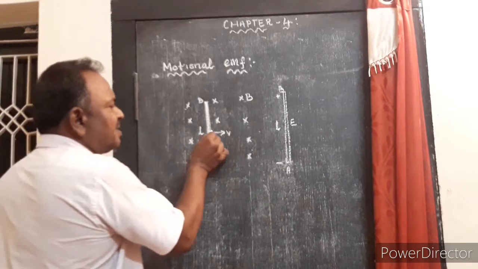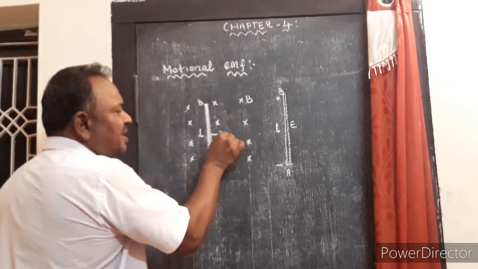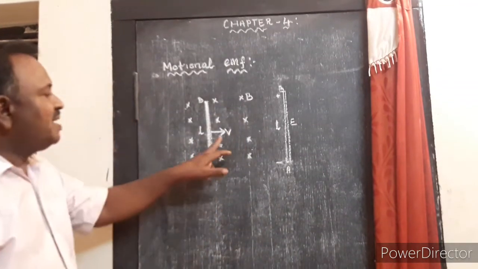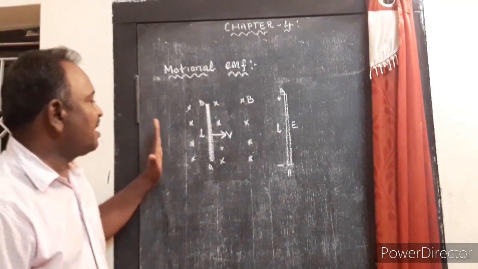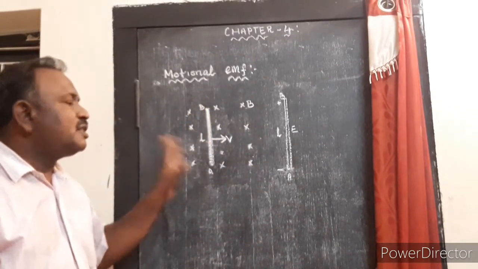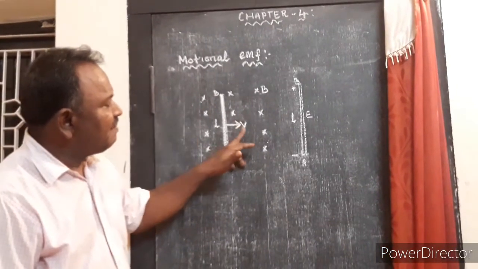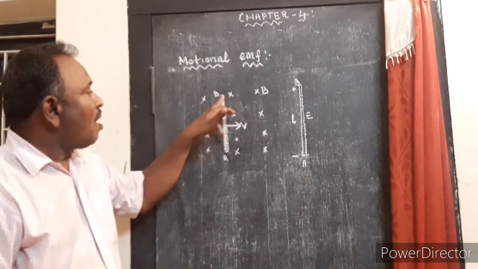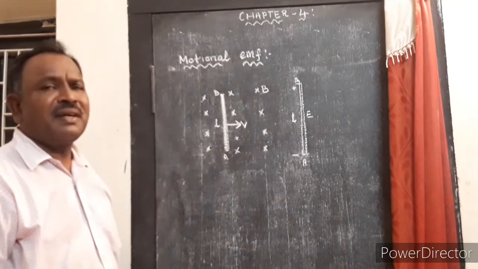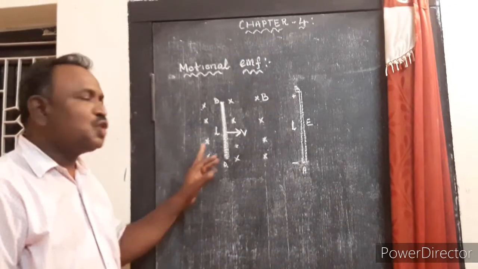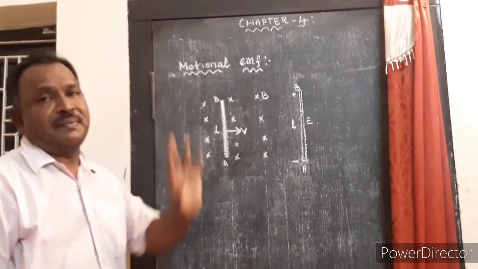This conductor is moved with the velocity v. So v is the velocity with which the conductor is moving in this magnetic field. When I move this conductor with the velocity v, all the free electrons in the conductor are also moving with velocity v.